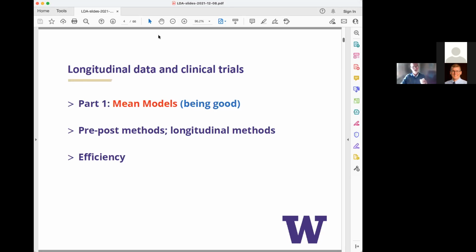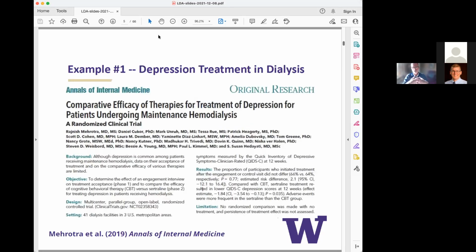My motivation really for being good in part one was around efficiency, using really the maximal amount of information that's in a data set and not wasting any information. So I'm going to illustrate this and one other example as we go. And I'll just pause for a second and say I welcome any questions. And please interrupt me. I actually can't see the chat as we're going, so I apologize. Just open your mic and jump in.